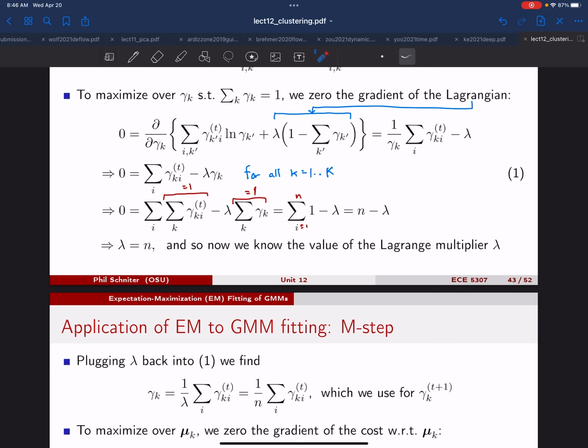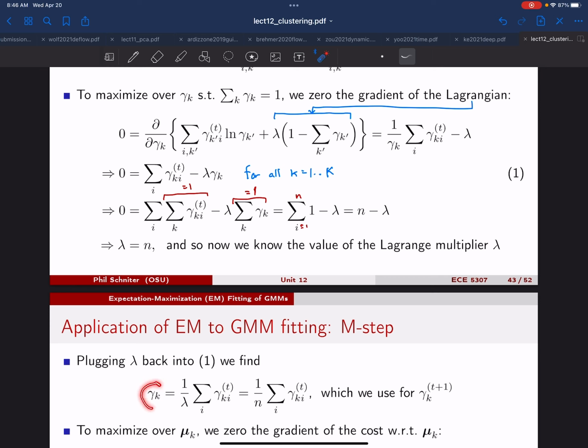We know that gamma k equals this, but we also know that lambda is n, so we plug n in for this, and now we have an expression of things that we know. So we have solved for gamma k. It's just, we look at our membership probabilities from the previous iteration, and we average those probabilities over all the samples i, and this is just the average value of that.